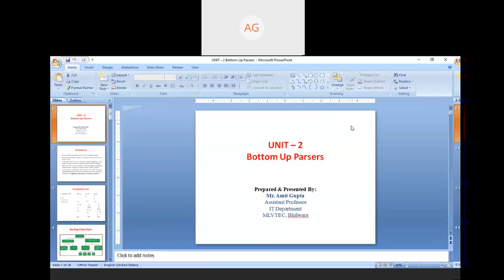As you can see on your screen, the second part of this unit is bottom-up parsers, and we are going to start the bottom-up parsers. Moving to the next slide.